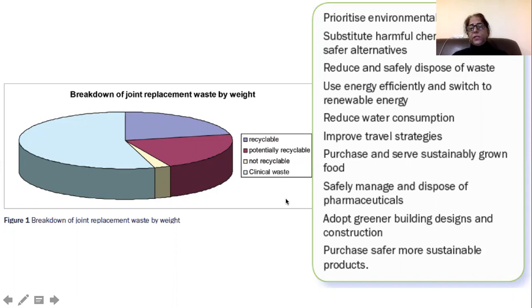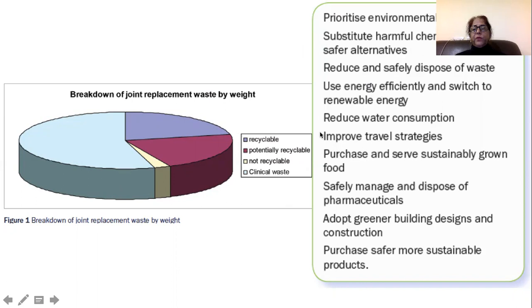So the authors suggested that one should prioritize environmental health, substitute harmful chemicals with safer alternatives, reduce and safely dispose of waste, use energy efficiently, and switch to renewable energy.